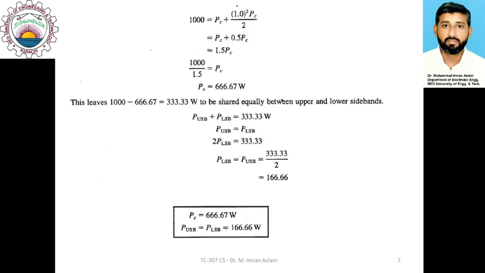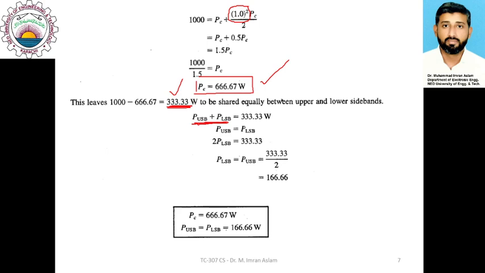Or if you substitute this value, because the modulation index is given as 1, you would see that the carrier power comes out to be 666.67 watt. So if carrier power is 666.67 watt, the power in the sidebands is equal to 333.33 watt. This sideband power is divided into two sidebands, upper sideband and lower sideband.